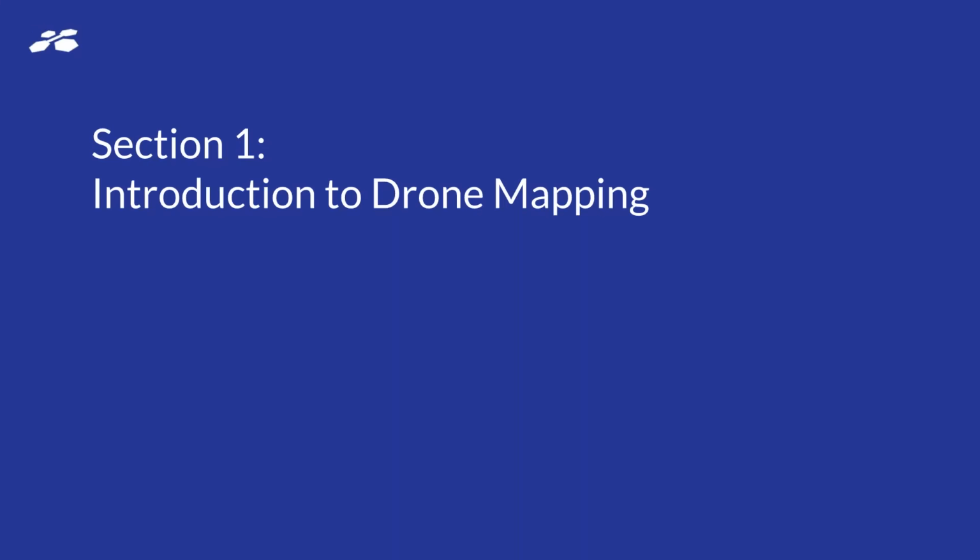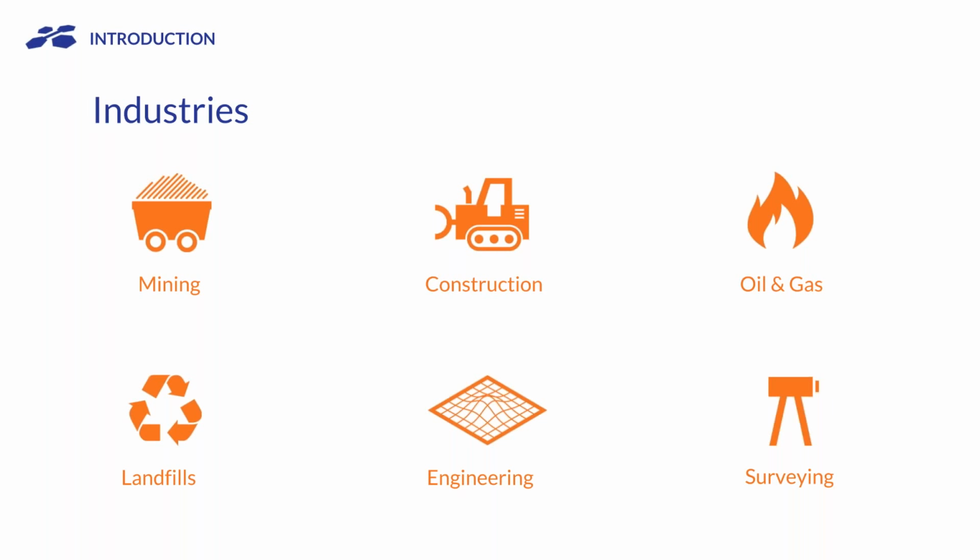So for the intro, you're seeing drone mapping used for a wide variety of different industries. Mining for things like tracking stockpile inventory for aggregates, and also just general mine planning and mine progress. For construction, particularly in horizontal construction like earth moving, mining, highway construction, anything where you're moving big amounts of earth, drone mapping is perfect for.